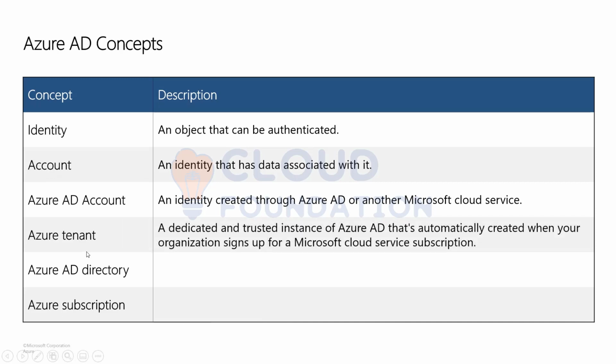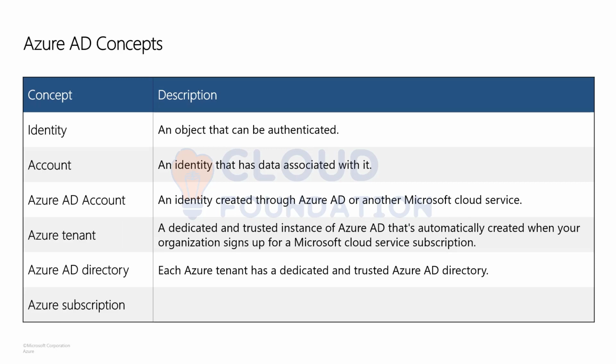Another member that you have once you create your free trial is your Azure tenant. The directory that you are creating, whatever name you may have given, will behave as your directory.